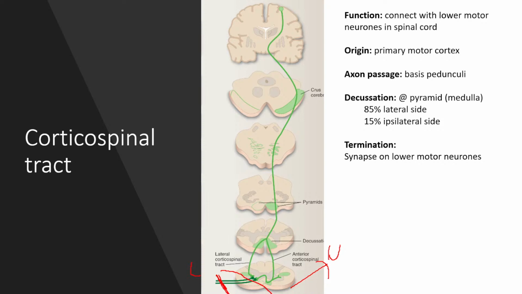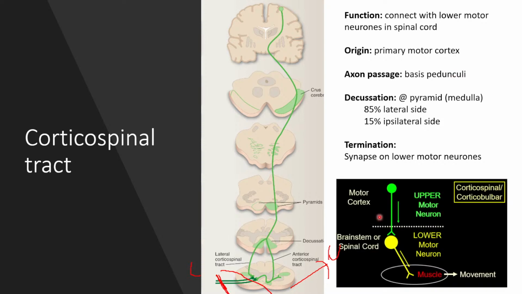And in this case here, we have the important structures of the basis pedunculi and at the pons where the fibers get broken down into these bundles. And this is a sort of simplistic way to visualize this. So we have the motor cortex, we have the brainstem or spinal cord, and then we have the muscle.